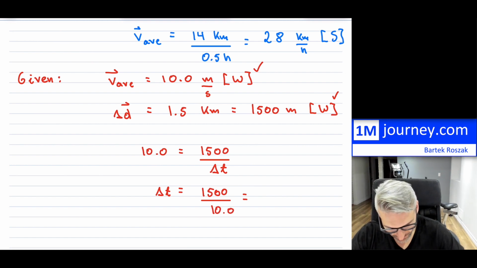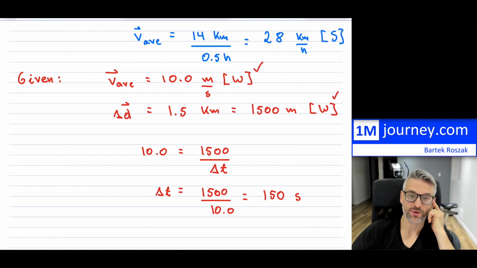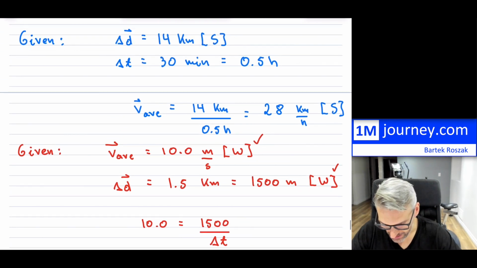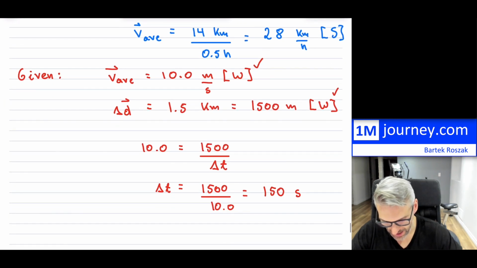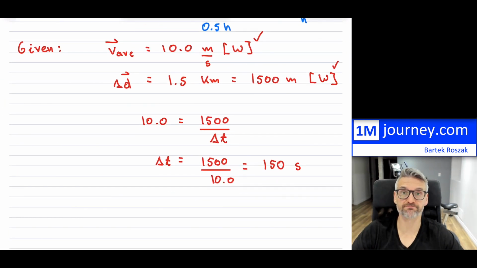So 1500 divided by 10 is 150 seconds. They wanted 2 sig figs, and this is exactly 2 sig figs. And that's it, that's that example.